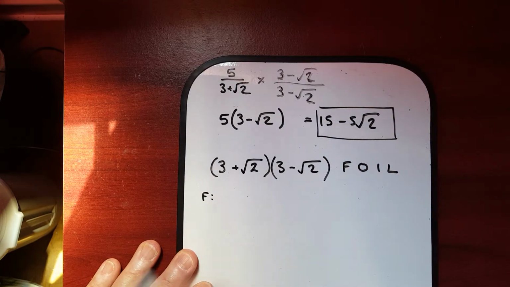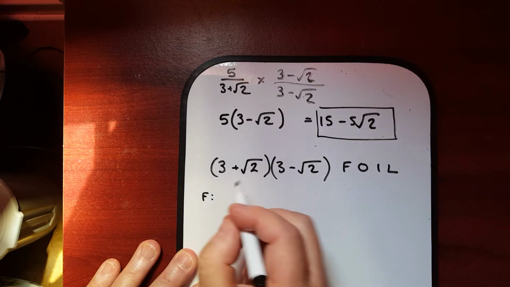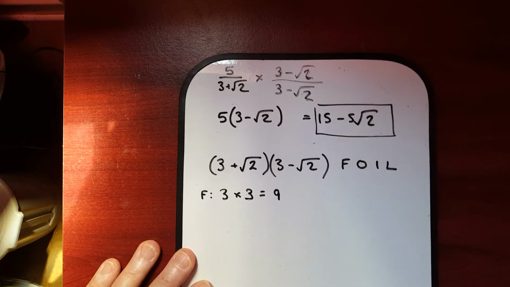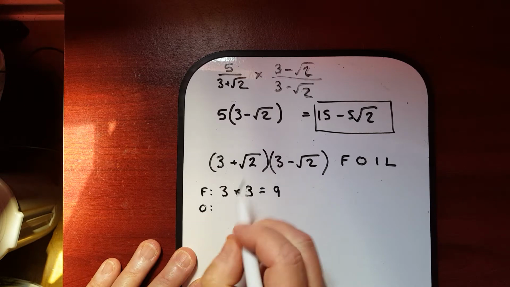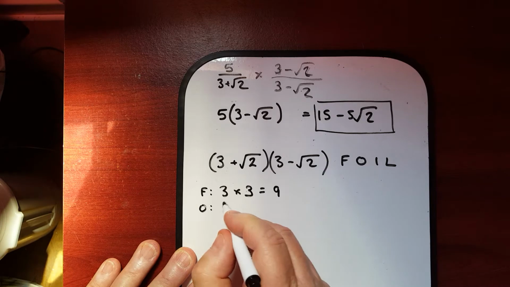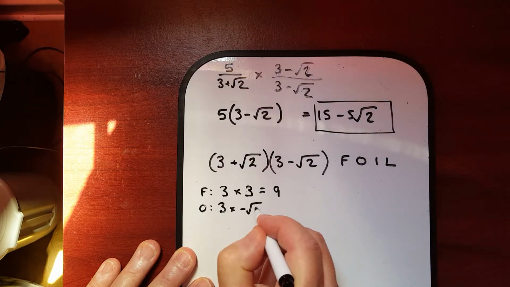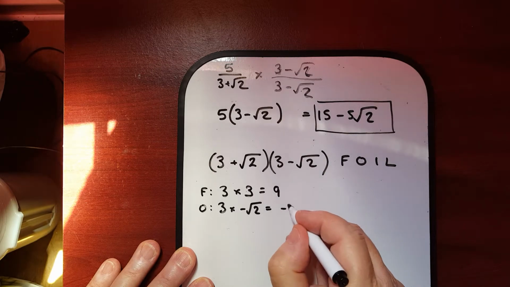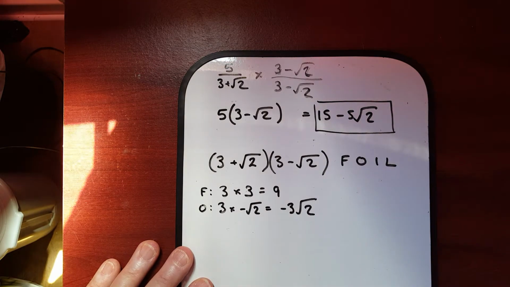So the first ones, the first of each bracket, 3 times 3, nice and simple, is 9. The outside ones, now that's going to be 3 times minus the square root of 2. And what that's going to be is simply minus 3 lots of the square root of 2.